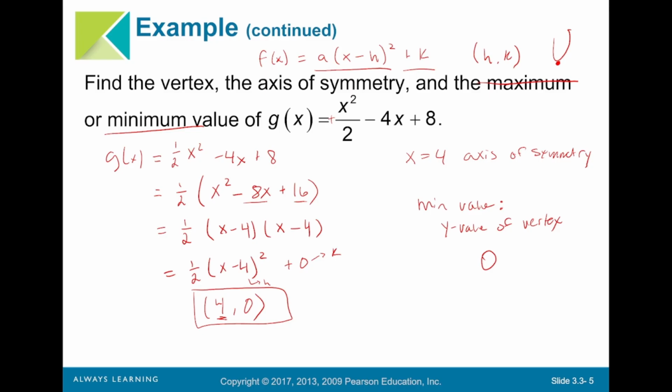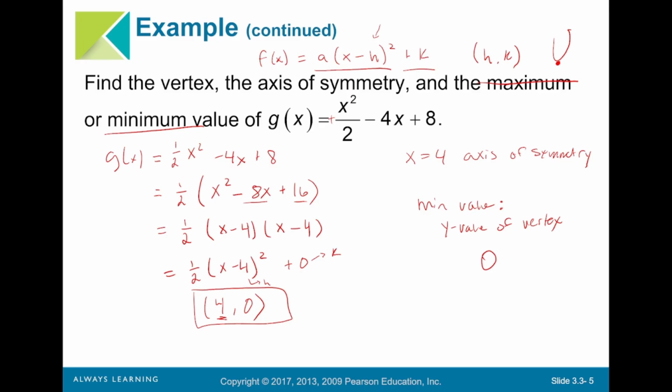That's it. That's how we think through these kinds of problems. Again, we are given this quadratic function, and we know we need it of the form at the top with the h and the k. So we do a little bit of factoring and notice that a square comes right out of this question as x minus 4 squared. So we know 4 is our h value and 0 is our k value.